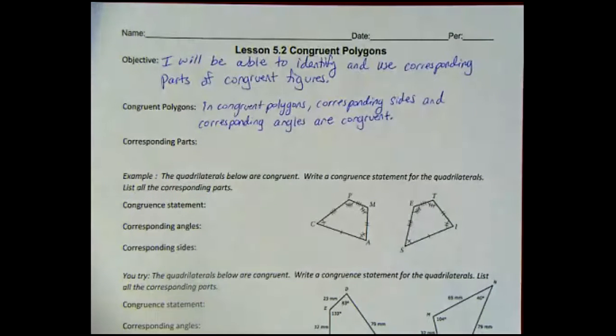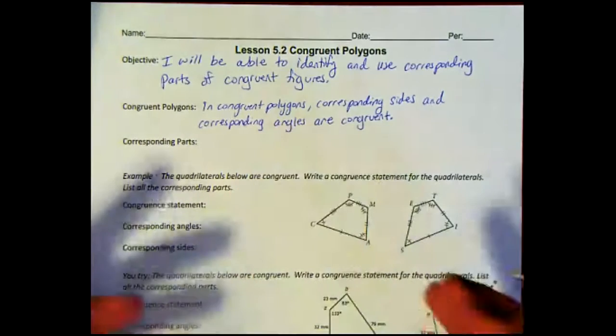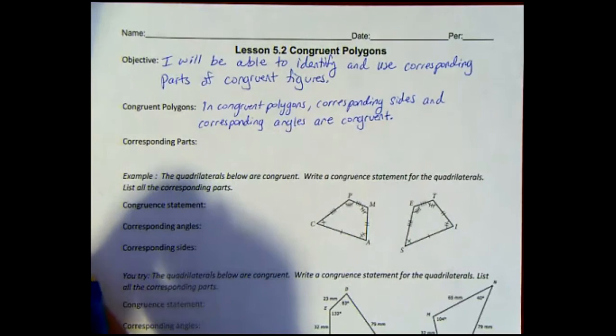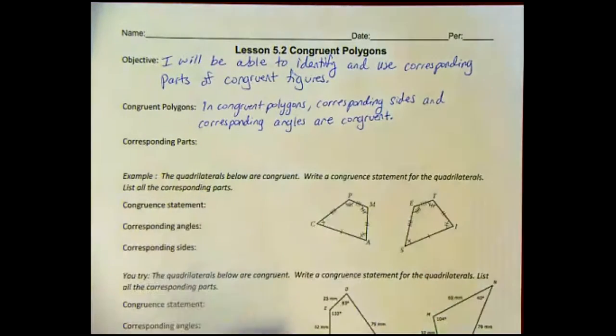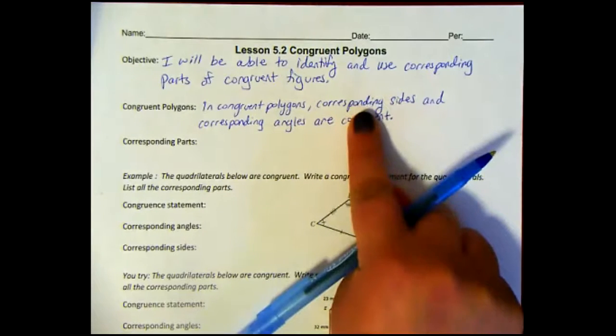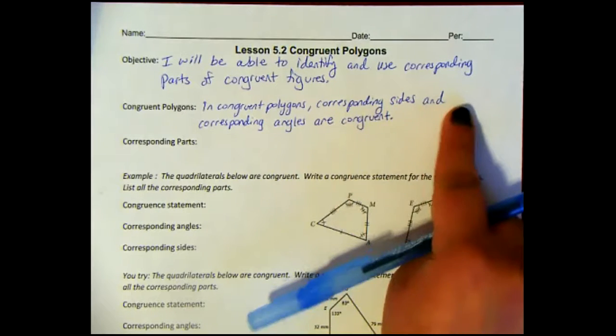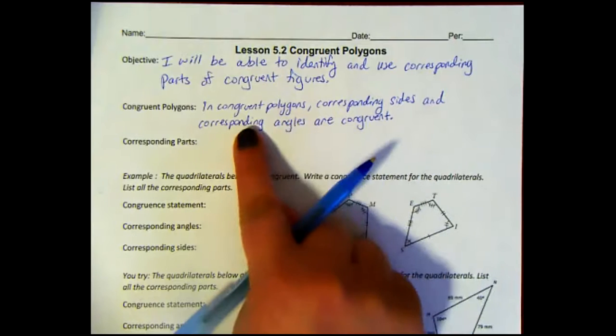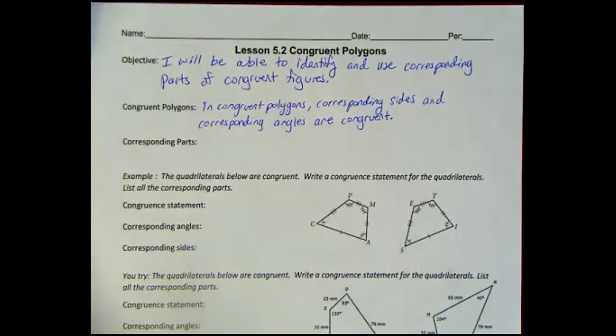That means that if I specifically tell you this triangle is congruent to that triangle, then you can make the educated, it's not an assumption. This definition tells you that based on the fact that those two triangles are congruent, the sides that are corresponding are also congruent, and the angles that are corresponding are also congruent.